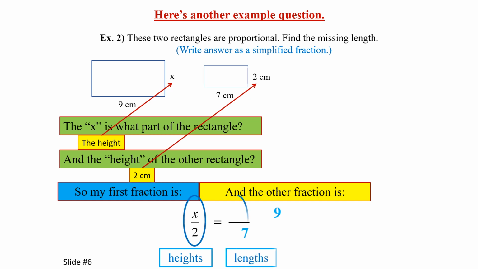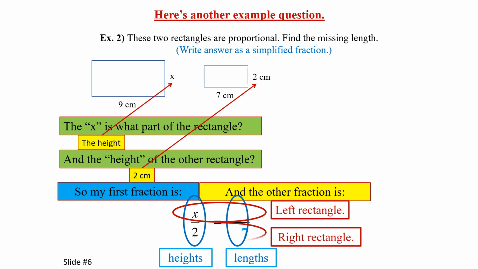First fraction is the heights, second fraction is the lengths. The numerators happen to be the left rectangle, and the denominators are from the right rectangle. So everything is related vertically and horizontally.